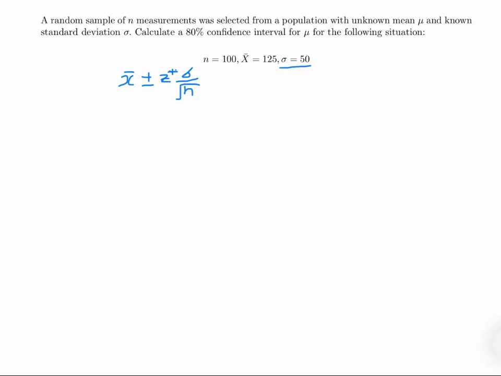All the terms are given but z star. We need the confidence level. What is the confidence level here? C equals 0.80 because 80%.